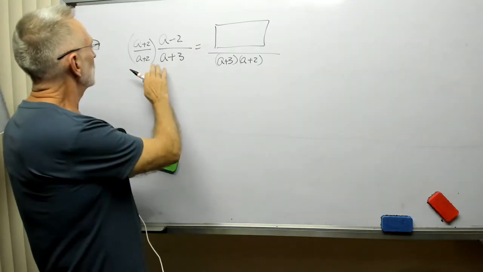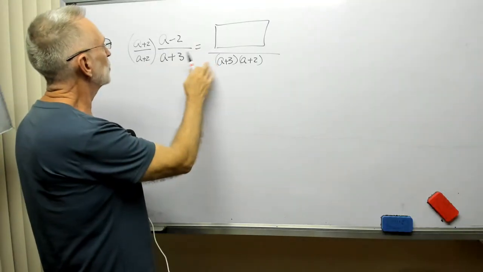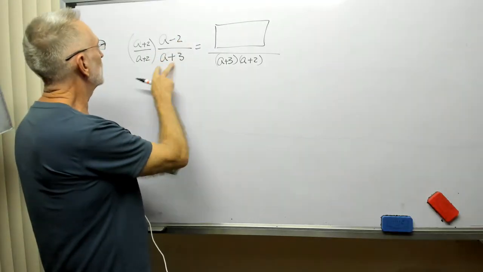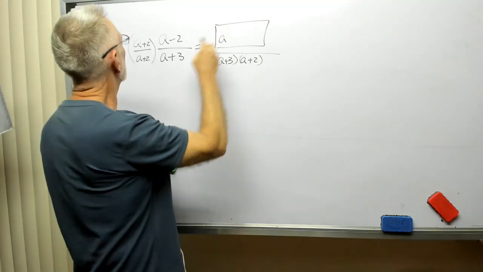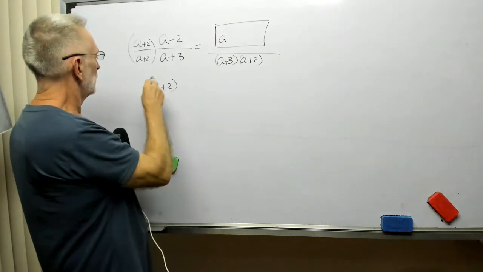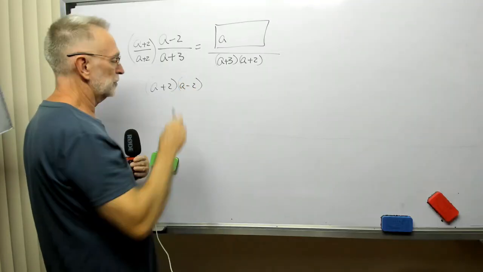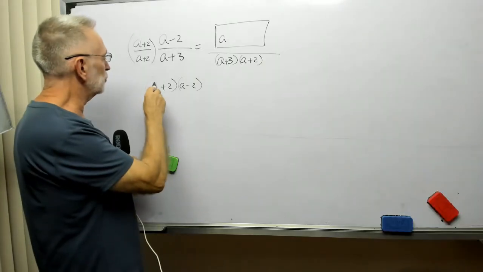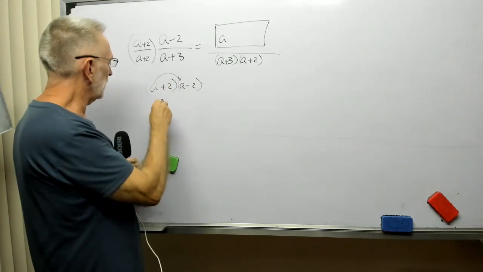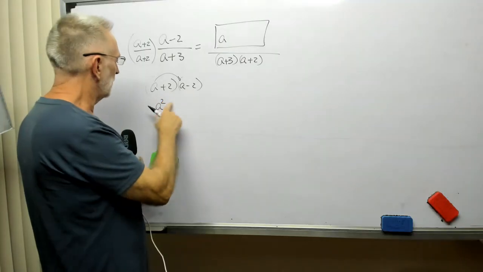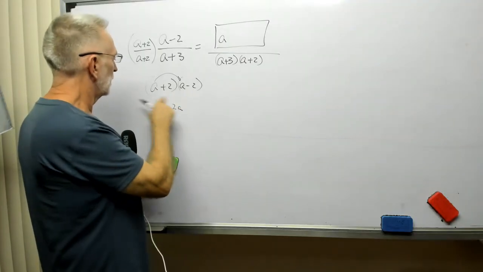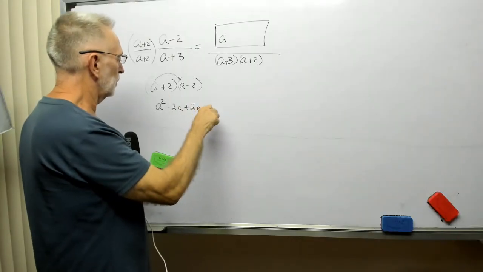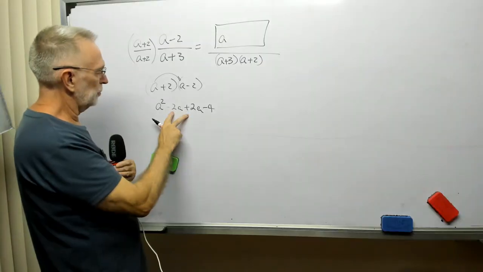So what does that amount to? What goes in the box then, since I now have a common denominator, is a plus 2, a minus 2. Oh, I can see that's the difference of two squares. You've been studying that. Let's FOIL that. A times a is a squared. Minus 2a plus 2a minus 4. So I have a negative 2a plus 2a.